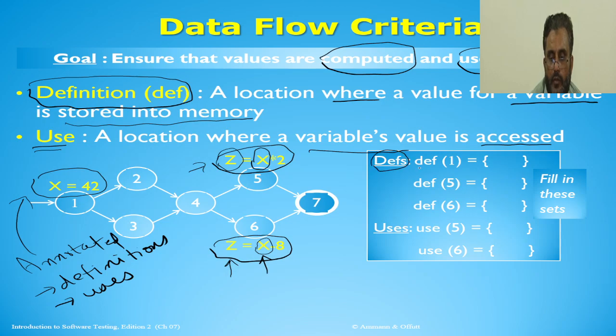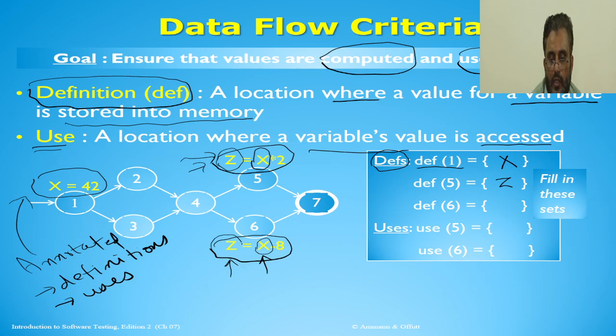When I use def of 1, it means which variables are being defined at node 1. So it is variable x. When I say def of 5, it means which variable is being defined at node 5. So it is z. You can see it from here. And when I say def of 6, what does that mean? It means which variable is being defined at node 6.